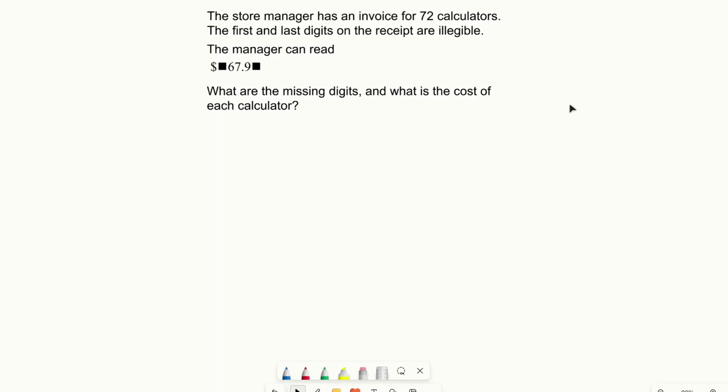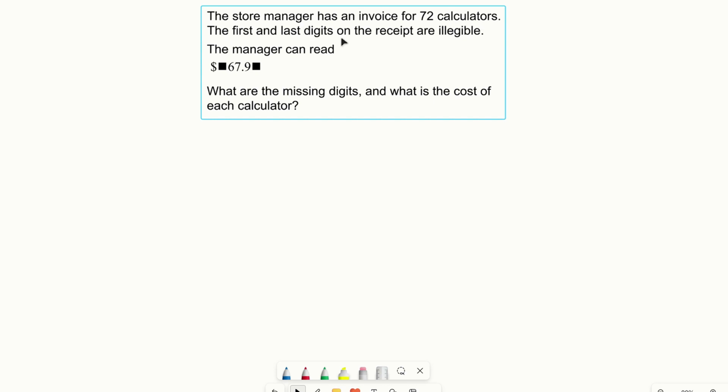All right, I brought this next problem into a notepad so we can have some extra space, like a whiteboard. It's one of those problems written by someone with a lot of time on their hands, I guess, but it's quite interesting, and it gets us to practice some nice facts about divisibility. So we have a store manager who has an invoice for 72 calculators.